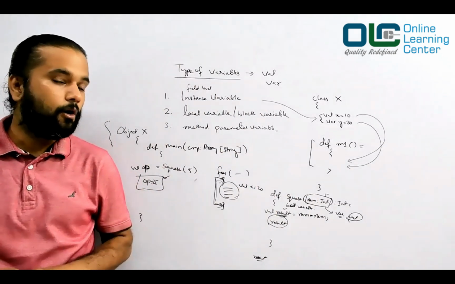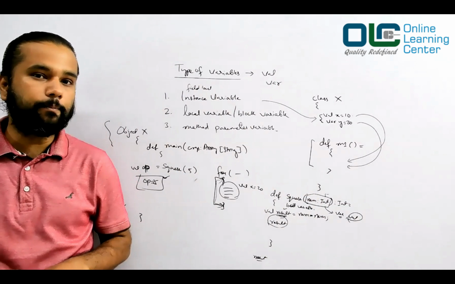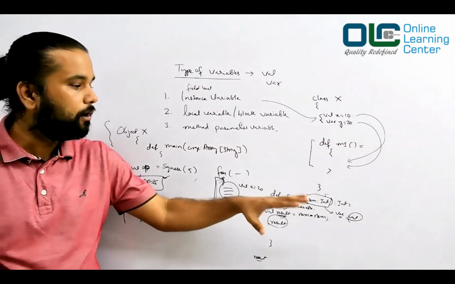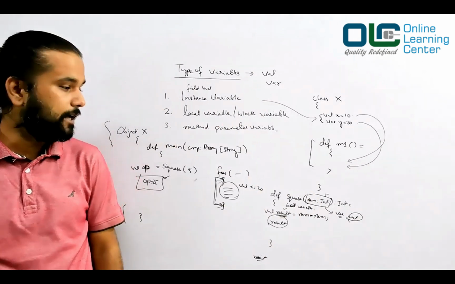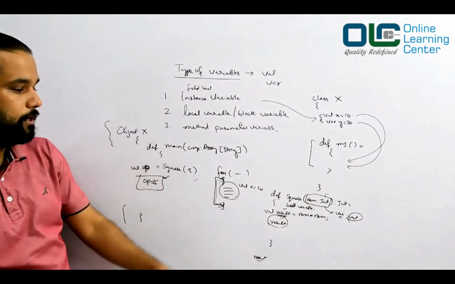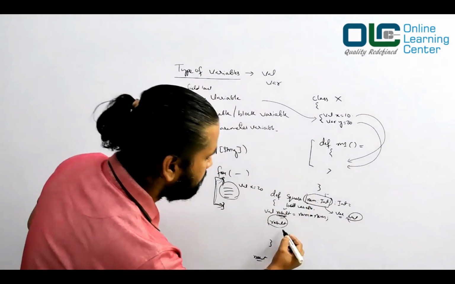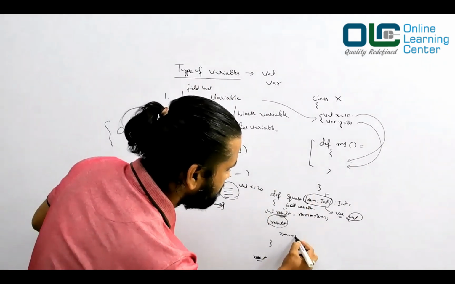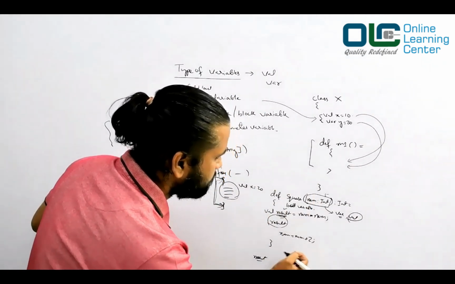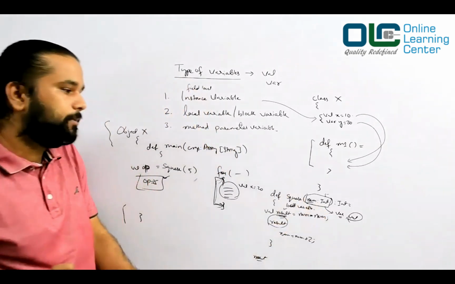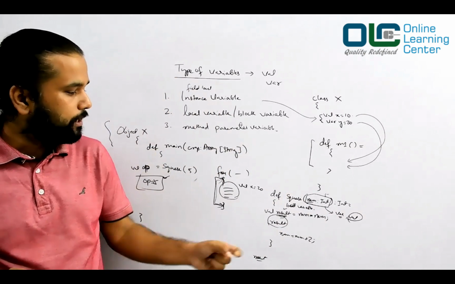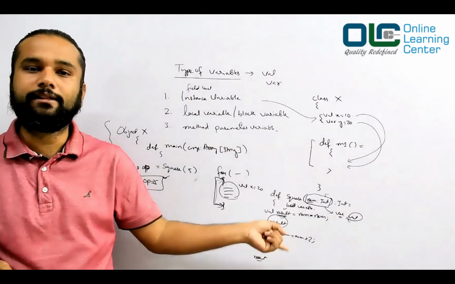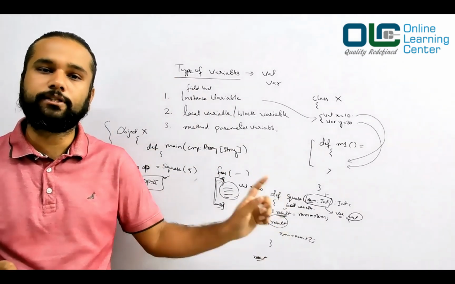Scala says all the parameters whatever I pass to a method would always be val, a constant value, and you cannot really change this inside. You cannot say num is equal to num plus 2. You cannot, because this is a method level variable and they are always constant, and they are designed in a way so that you don't go ahead and change the value of it.